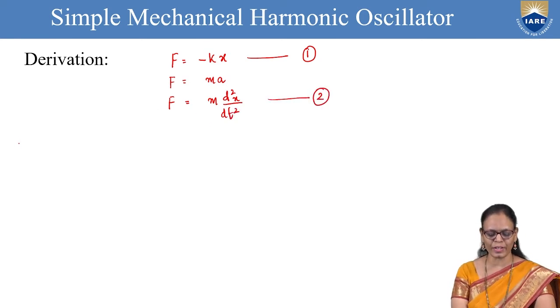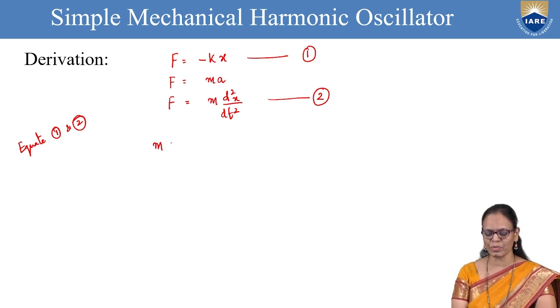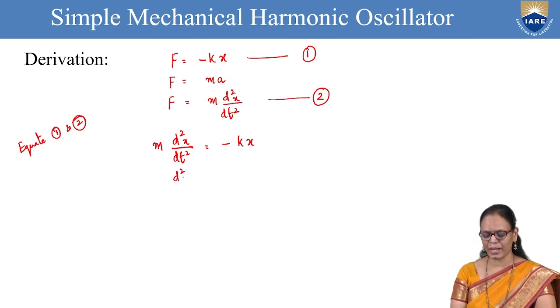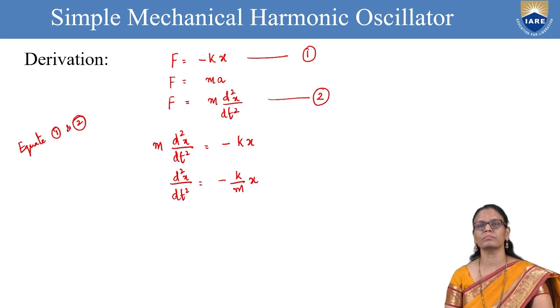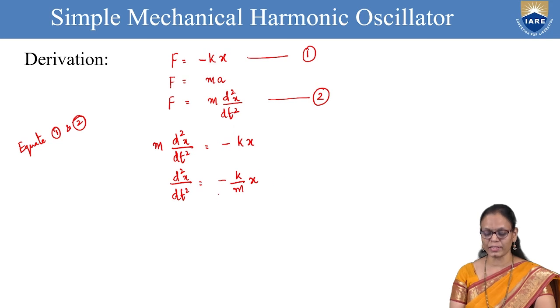Now we are going to equate 1 and 2. If the left hand side is the same, the right hand side also can be equated. So I can write m into d square x by dt square is equal to minus kx, or d square x by dt square is equal to minus k by m into x.